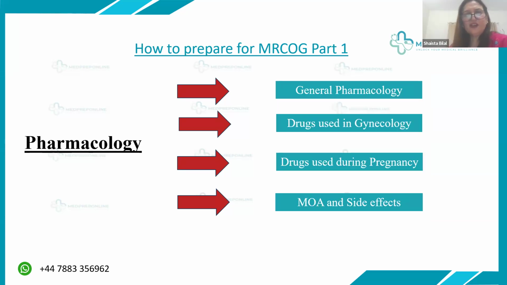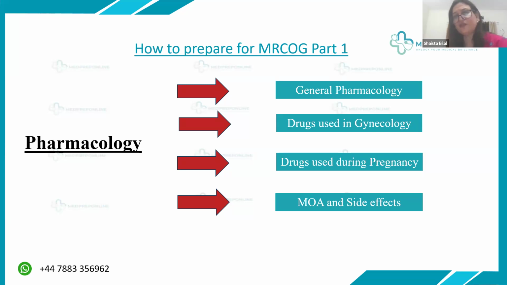And pharmacology also, basically we need to know the mode of action of many medicines. Mostly the contraceptive medications are very important. You need to know the mechanism of action and when to start OCPs. And if emergency contraception pills, how do they work?